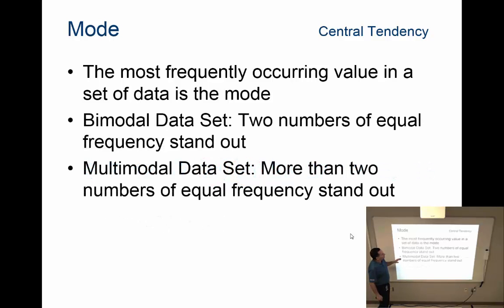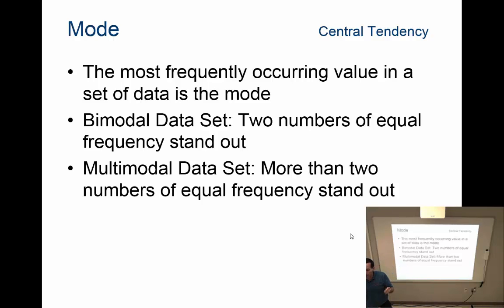Okay. There are circumstances, though, where you have more than one set of numbers that are occurring most often. If you have two numbers of equal frequency that stand out in your data set, that data set is said to be bimodal. If it's more than two numbers that occur more frequently and stand out, then we have what's called a multimodal data set.